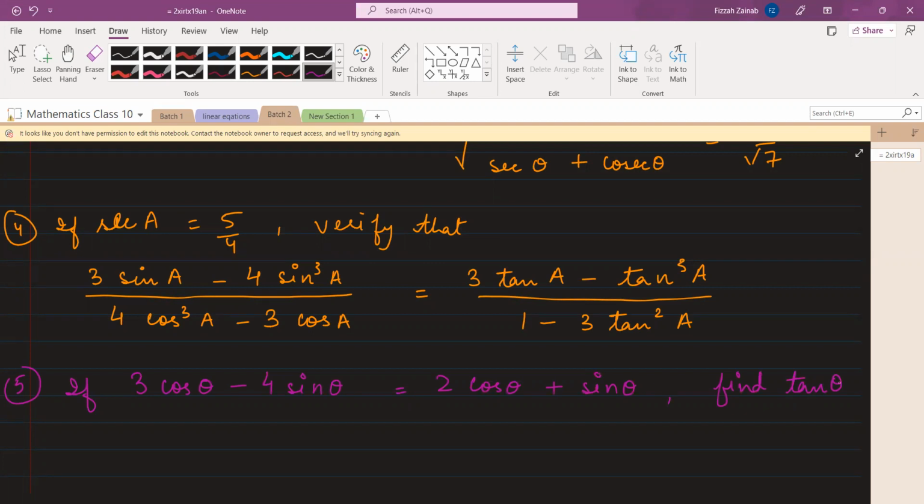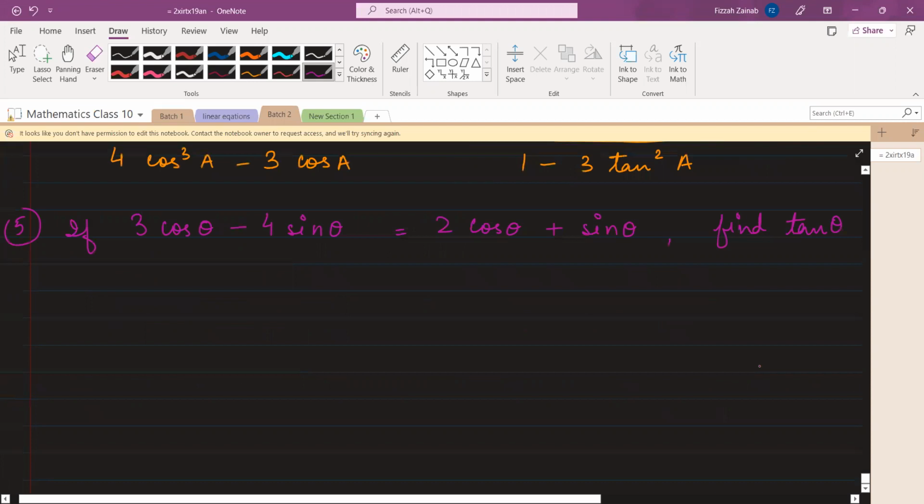Okay, now fifth one, I'm just giving you some hints. It's a bit different. Okay, I hope you have written. Now see here. You have to find tan theta, right? And something like this is given. So it's not a ratio which is given. So you have to bring it in the form of ratio.